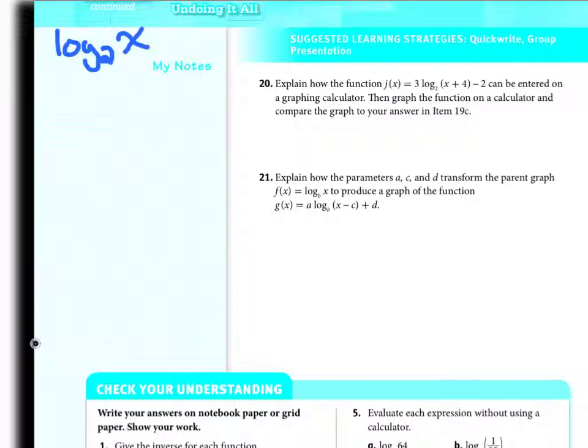Well, remember that change of base formula? I could do log of x divided by log of 2. We could do the same thing here. Here's the logarithm. We could do the change of base on that.